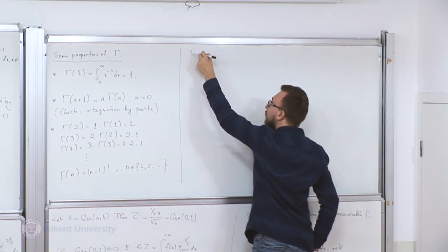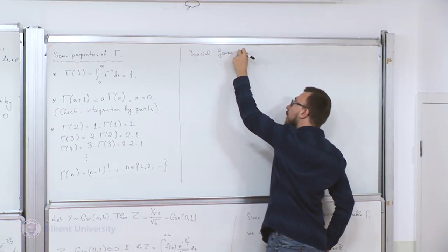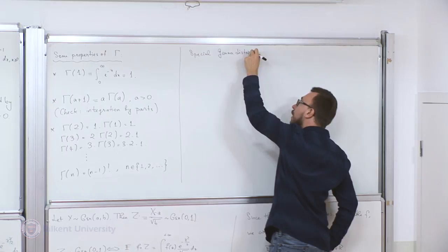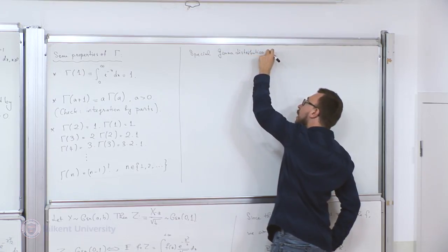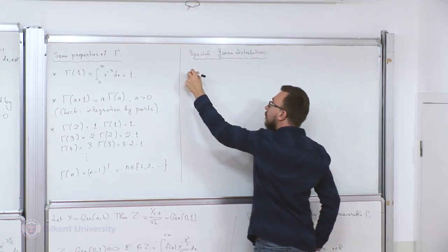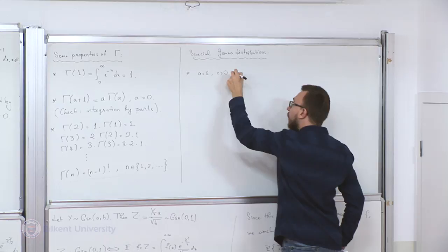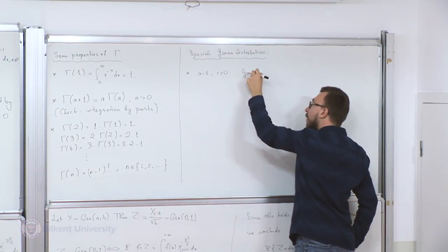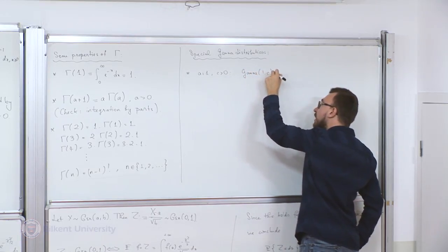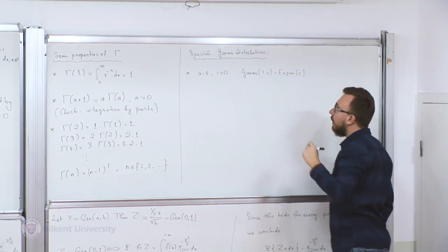So here are some special gamma distributions. Okay. So if A is 1 and C is just arbitrary, we have gamma 1 and C. This is the exponential C. Okay.